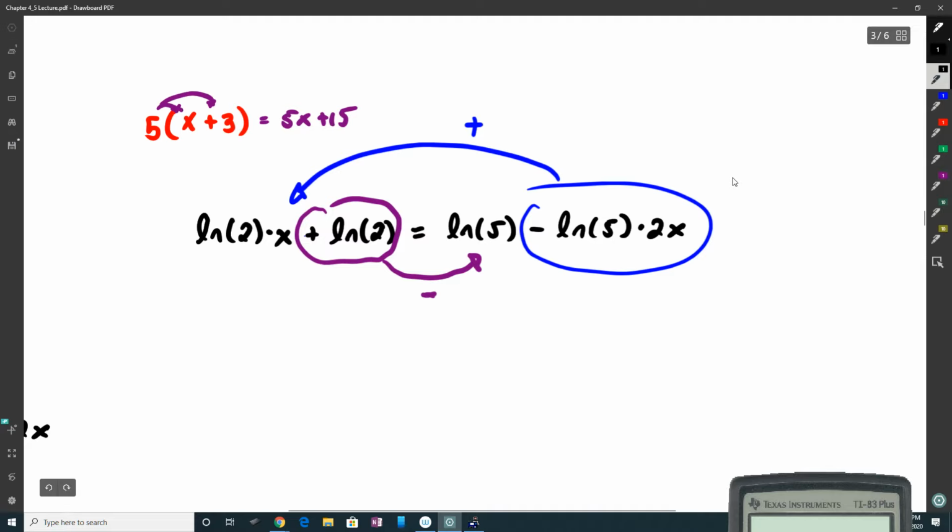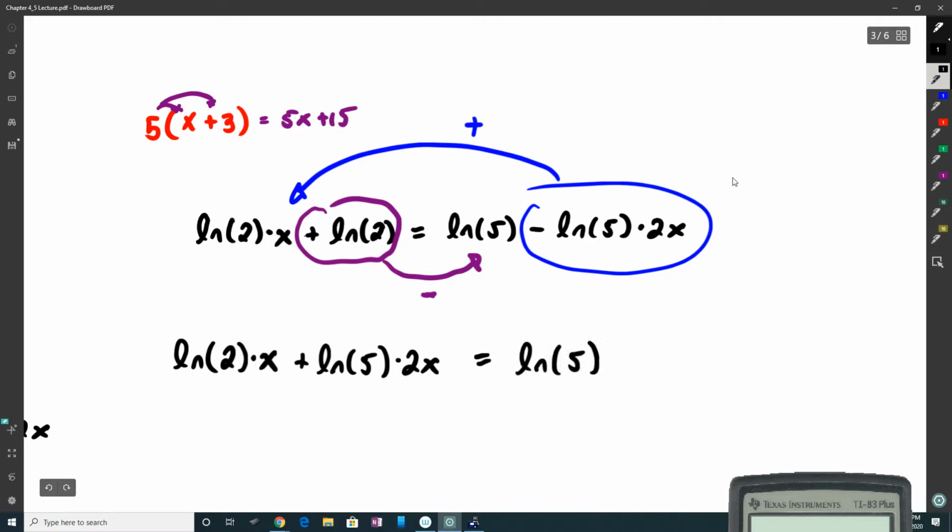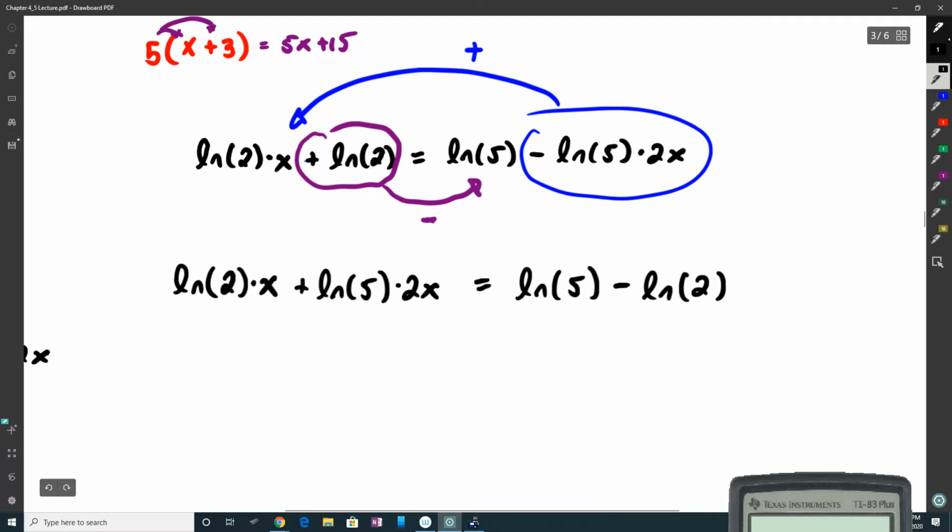So if we move things around, we get ln of 2 times x. I add it to the other side, so it's going to be plus ln of 5 times 2x equals ln of 5. And then I subtracted the ln of 2. There you go. You got all your x's on one side. Now, both of these have an x in common, so I can take the x out.